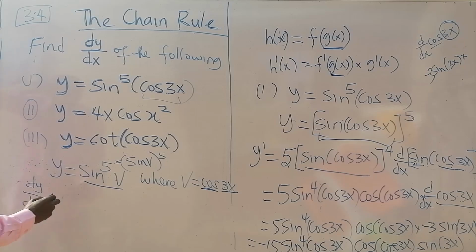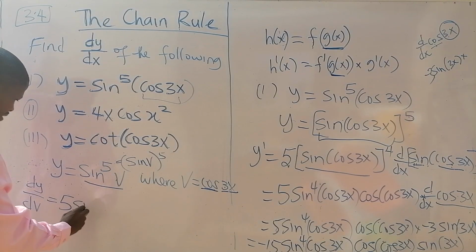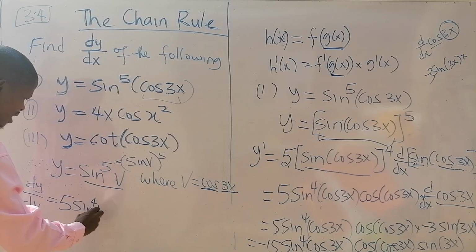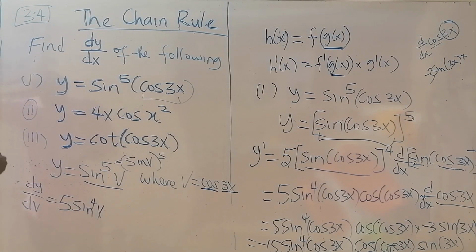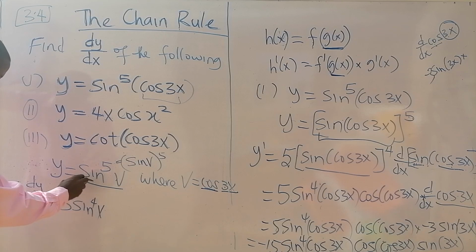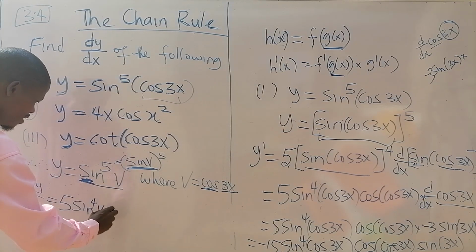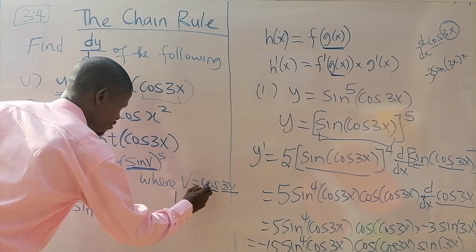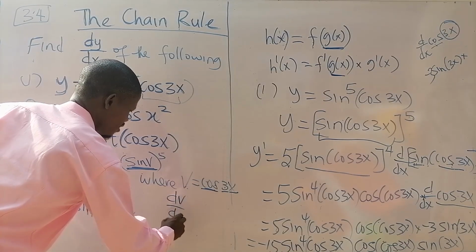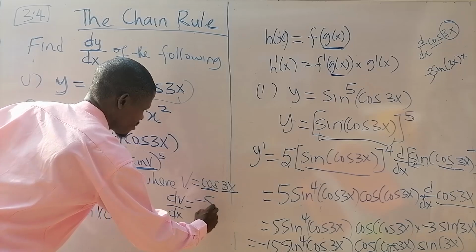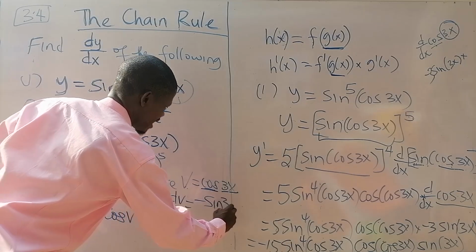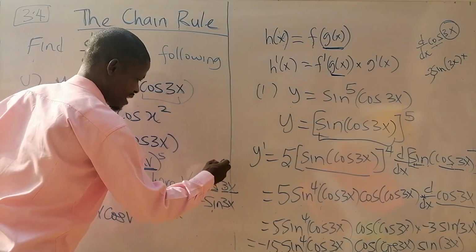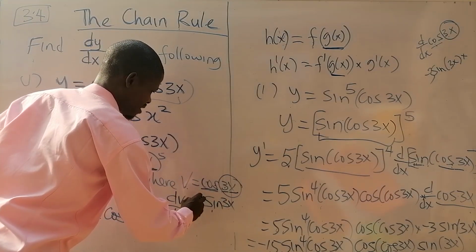If you differentiate that, it's going to give you 5 v to the power 4, the 5 comes to the front, minus 1, and then times the derivative of the base, which is cos x. And then this one is a function of x, so dv/dx is going to be equal to minus sin 3x. You differentiate the outer one, and then times the derivative of the inner function, that's a 3.